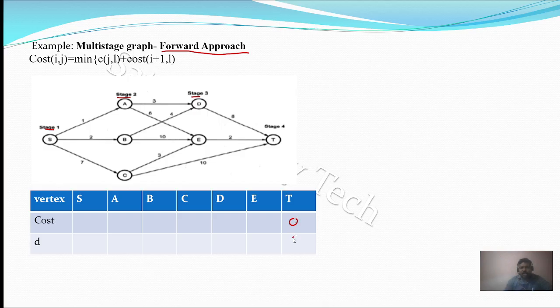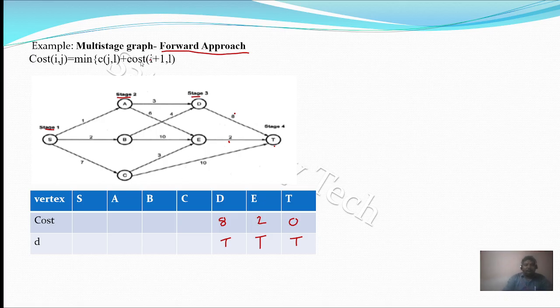Next, D to T has only one edge, so in vertex D the cost is 8. In stage 3, E to T has only one outgoing edge, so the cost of E is 2, reaching T.